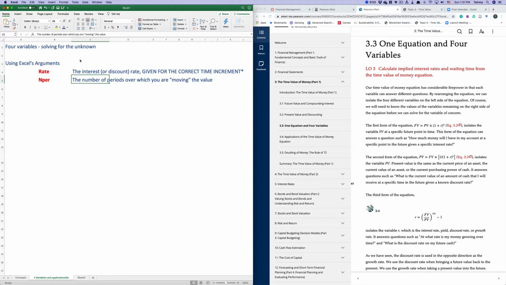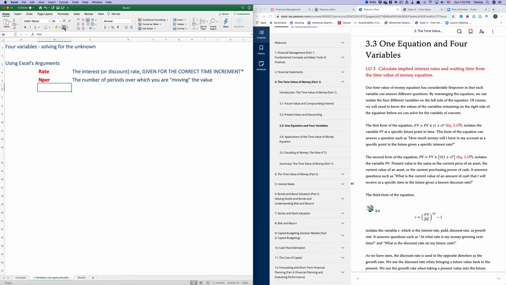But like my previous example, if the rate was 6% a year, and you want to know how much your investment is going to be worth in 2 months, you have to divide up that 6 by 12 to give you 0.5% per month, and then use the 2 months in the argument.